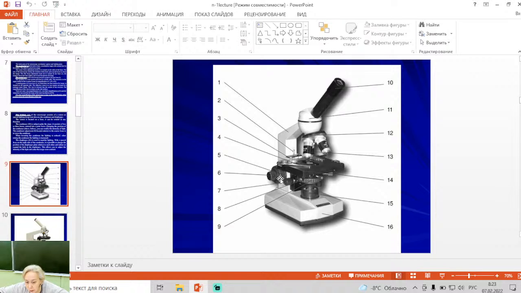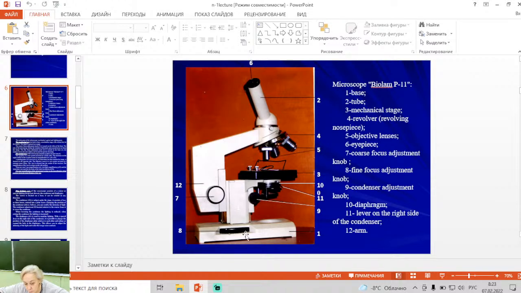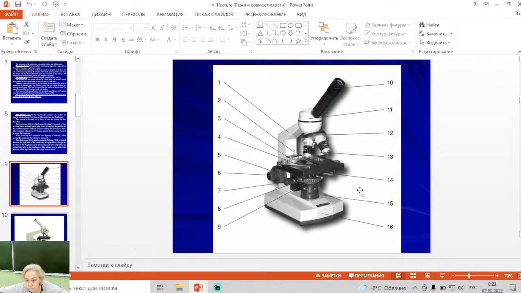You can see the coarse focus adjustment knob on the arm, and next to it the fine focus adjustment knob, number 6. On the first microscope, the fine focus adjustment knob is on the base. You can also see the revolver with lens and the ocular on the tube.